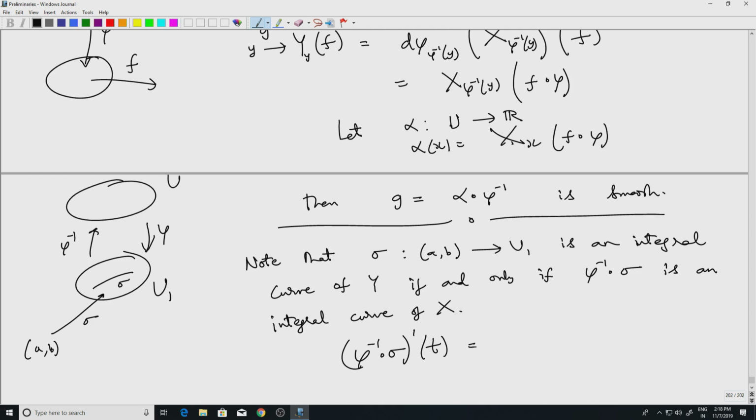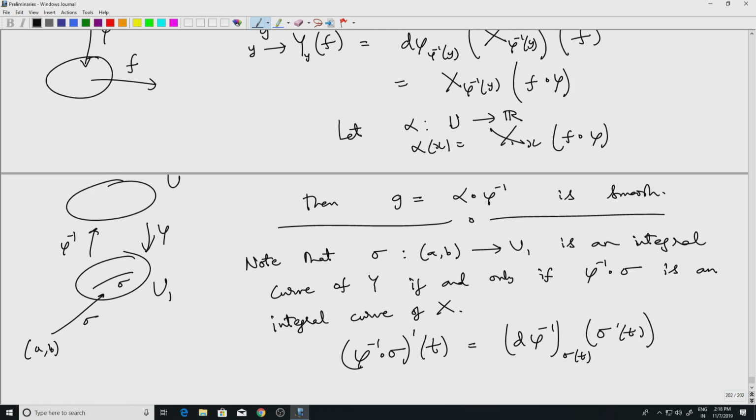Now it's just a matter of applying the chain rule. The chain rule tells me that this is equal to d phi inverse at the point sigma t acting on sigma prime t.